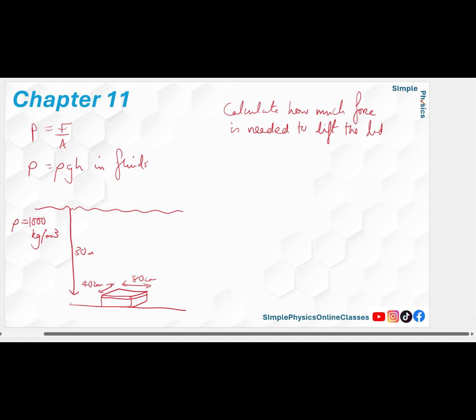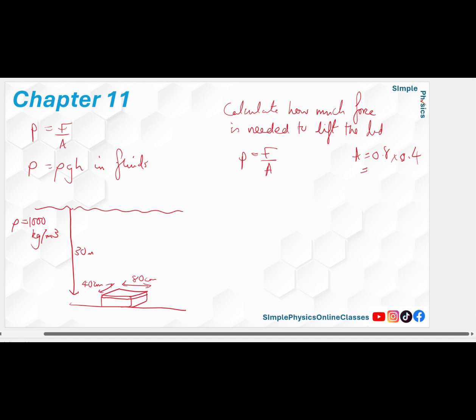So what we've got to work out is force. So we've got pressure equals force over area. But sorry, we're going to calculate the area first. So we can say the area is 80 by 40, but it's not 80 by 40, it's 0.8 by 0.4. Okay, so that's your area. If you put that in, it's just 8 times 4, then just do your scaling.